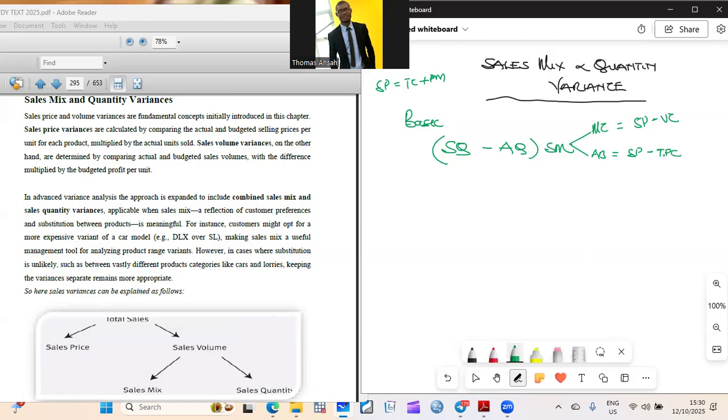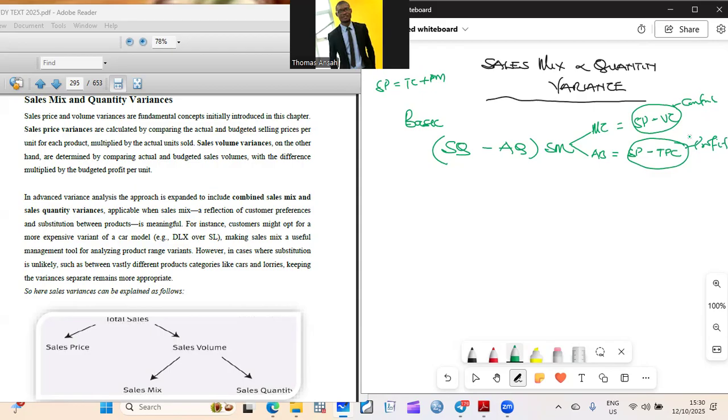And total production cost is derived by doing variable cost and absorbing the fixed cost inside. So that is the difference. This one gives you contribution, and this one gives you profit. So if you have thrown away your marginal and absorption costing, that one too will bite you. So this is what we learned under the sales variance.